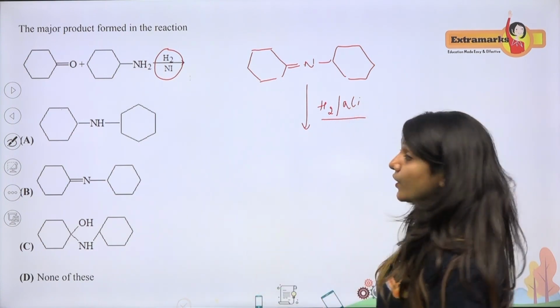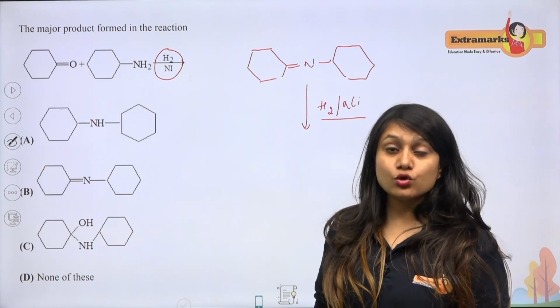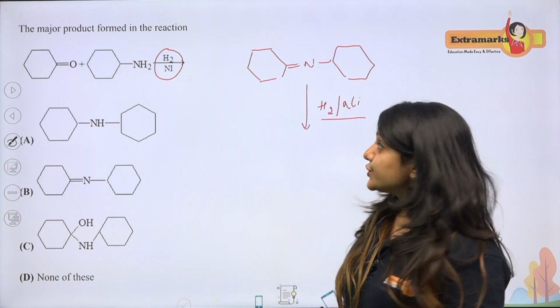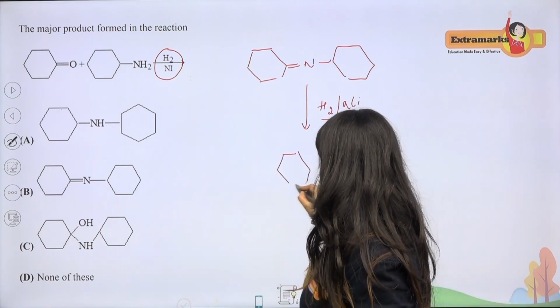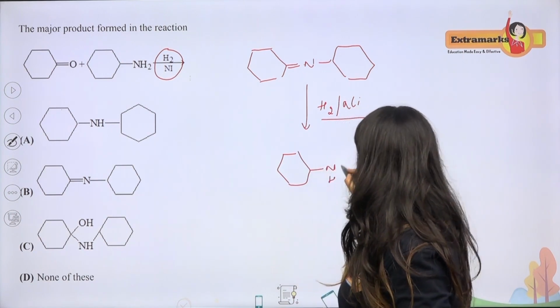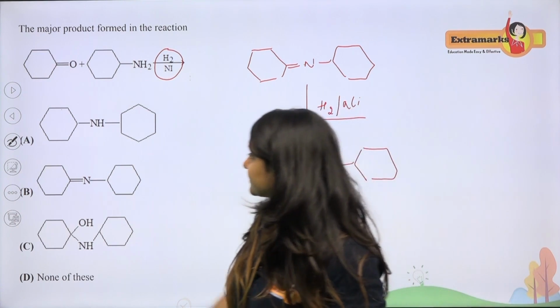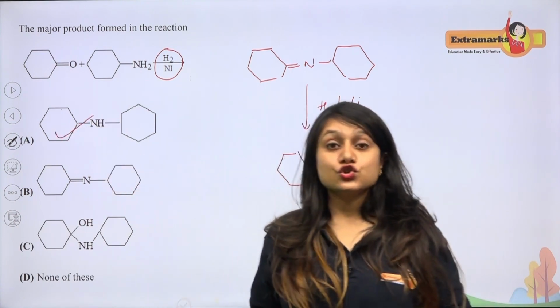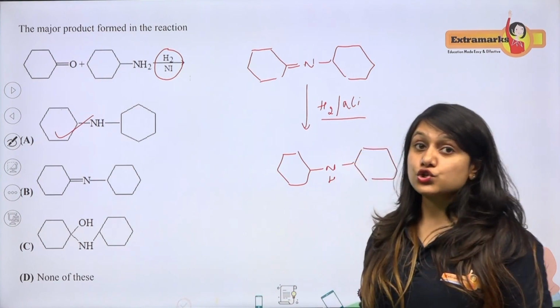Yes, H2/Ni is also used to reduce nitro groups to amines, and cyanide groups to amines also, right? So this also reduces this particular double bond and gives you this product. Now, which is the correct option in this case? A1, right? So you have to carefully look at the options as well as the question.